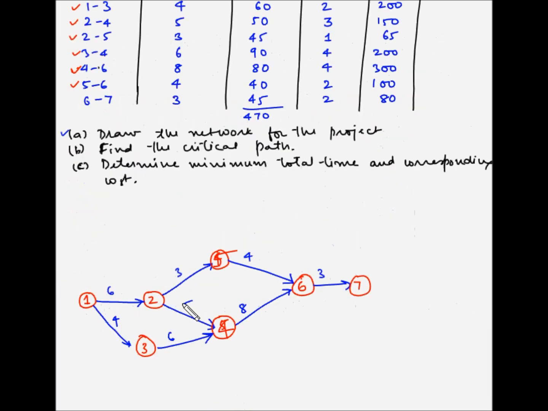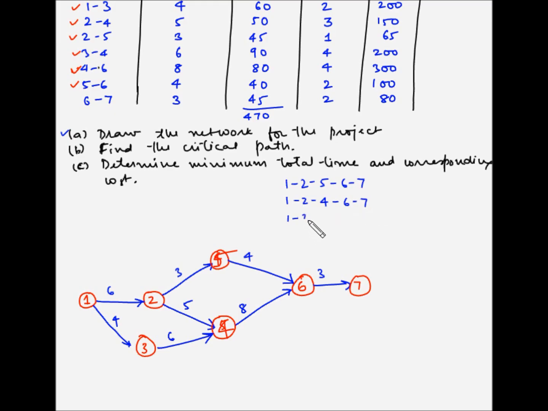So let's do that. So let's list down all the possible paths. So we have 1, 2, 5, 6, 7. Then 1, 2, 4, 6, and 7.